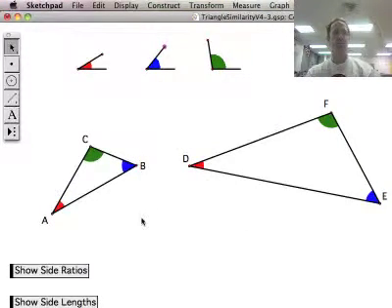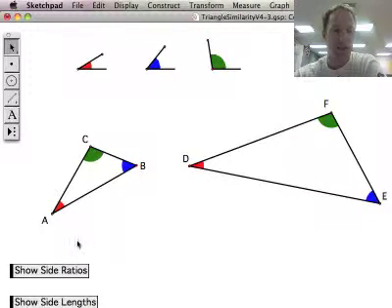So here are a couple of triangles, and all we know about these triangles is that all 3 pairs of angles are the same. That's all we know. We know these 2 red angles are the same, these 2 blue angles are the same, and these 2 green angles are the same. The question is, is that enough for us to conclude that these triangles are similar without knowing anything about the sides?